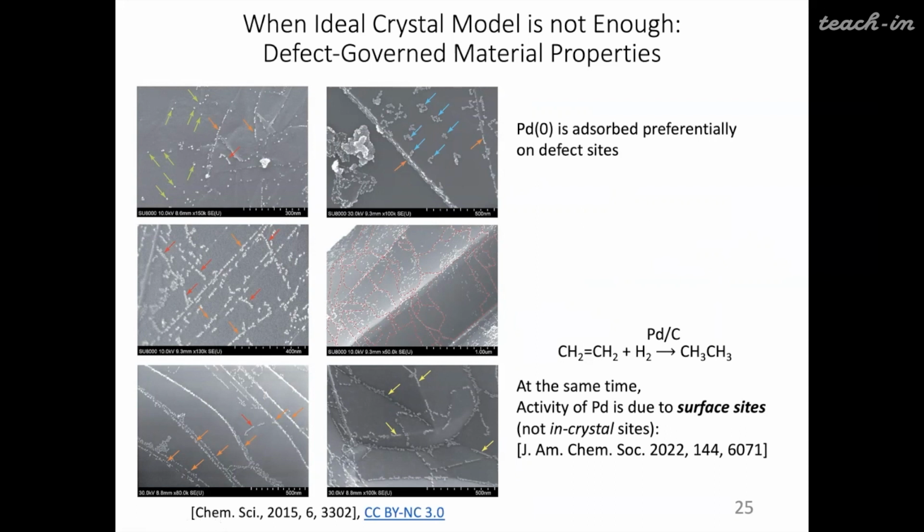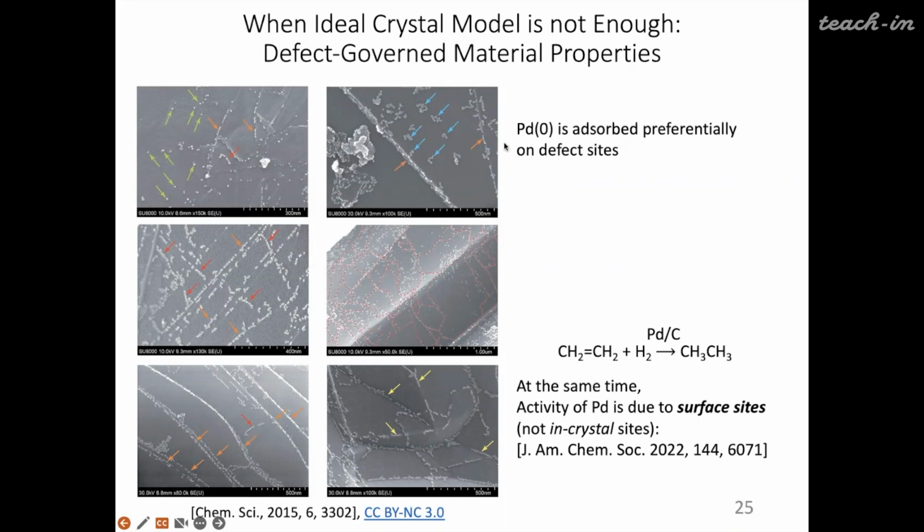adsorption on carbon materials to be exact, then we may be interested in the distribution of grain boundaries or some surface defects, because, for example, palladium or many other metals are adsorbed on the carbon surface non-uniformly.